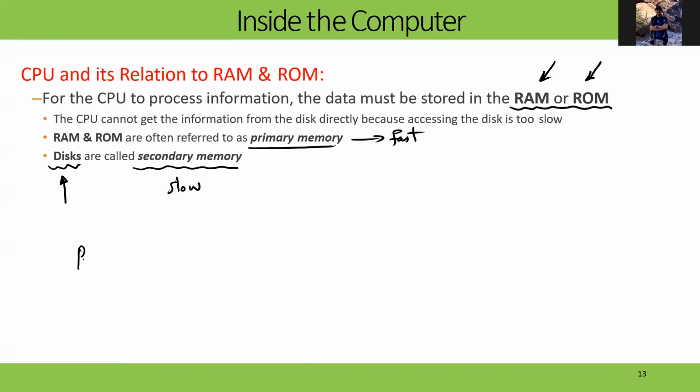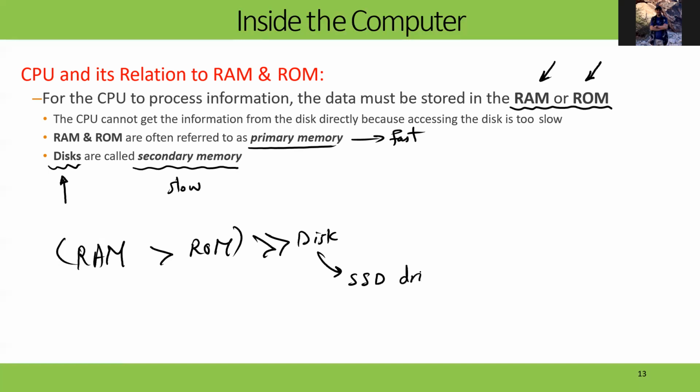So the fastest is RAM, faster than the ROM, and both are much faster than the disk. Although this is improving now because of the introduction of the SSD drive, which is very fast compared to the old hard disks, they are still inferior in speed to the RAM and ROM.